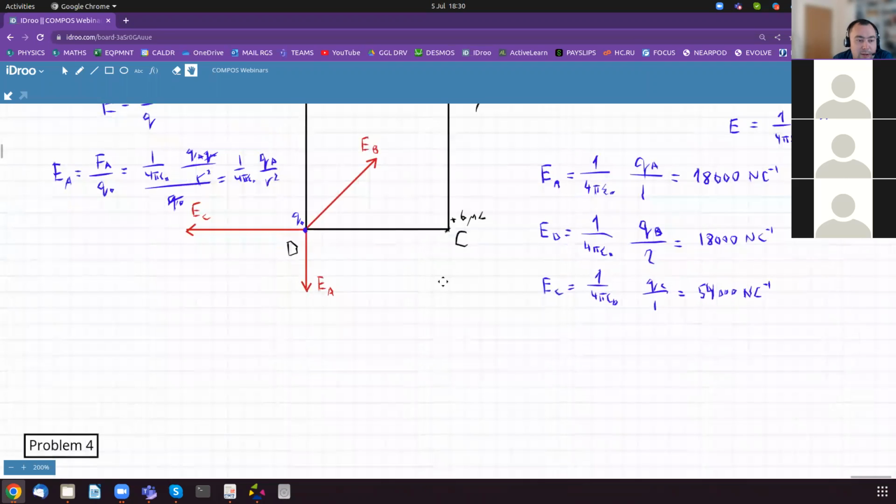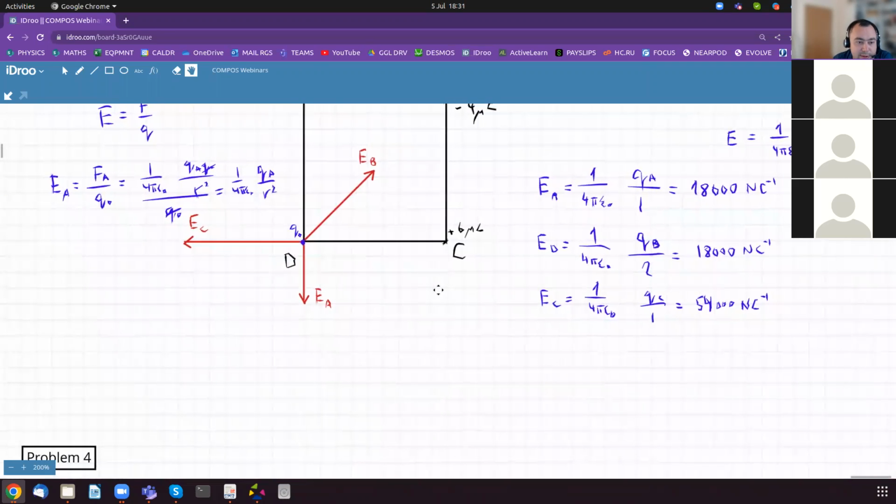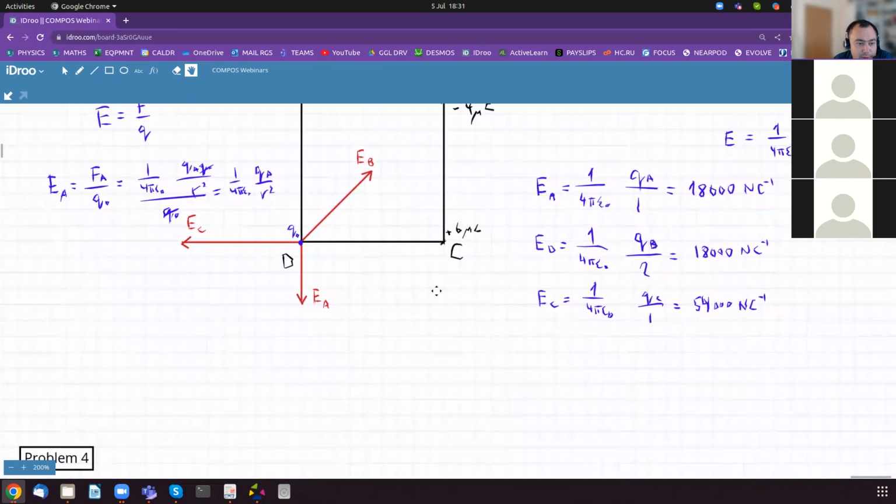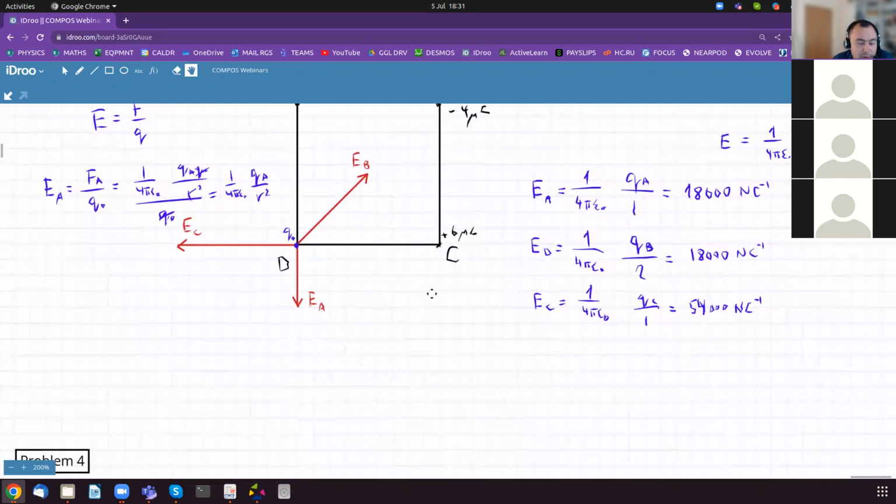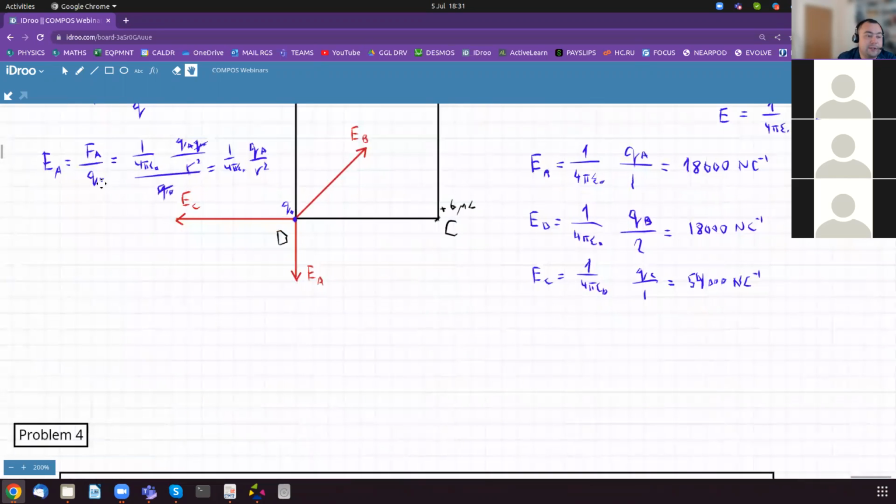So there are different ways to do this. I'd find the EX and EY components separately. EX is going to be in this direction, so it's going to be EB cos 45 minus EC.